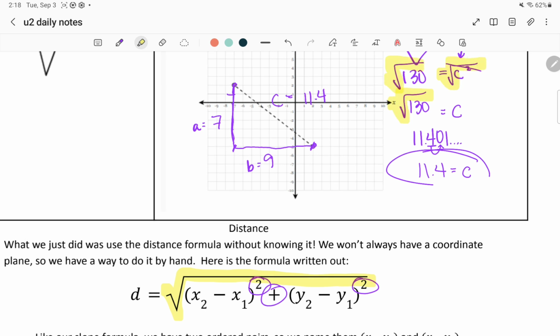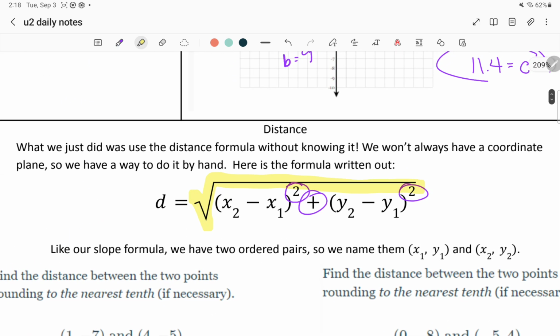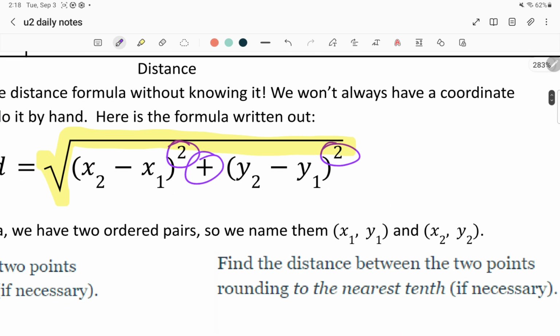So those are just a couple really quick similarities, but what I'm trying to say is that the distance formula that we're going to be using for the remainder of this unit is from the Pythagorean theorem.